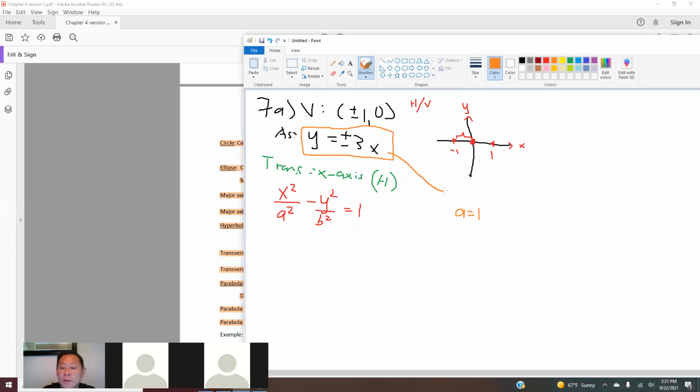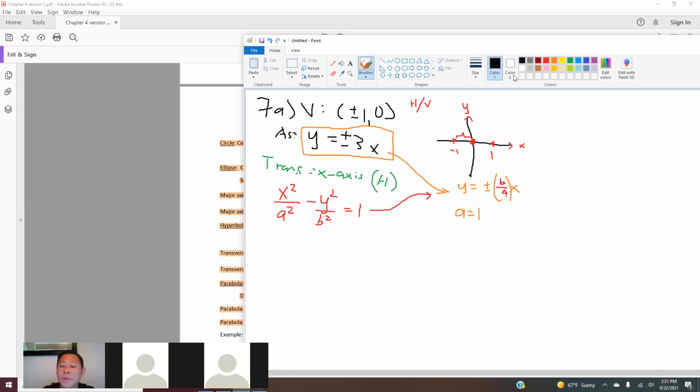You know the formula for asymptotes, y equals plus minus something times x. Now you need to figure out, is it a over b or b over a? Can someone tell me? B over a, because the y is on top. So b over a.